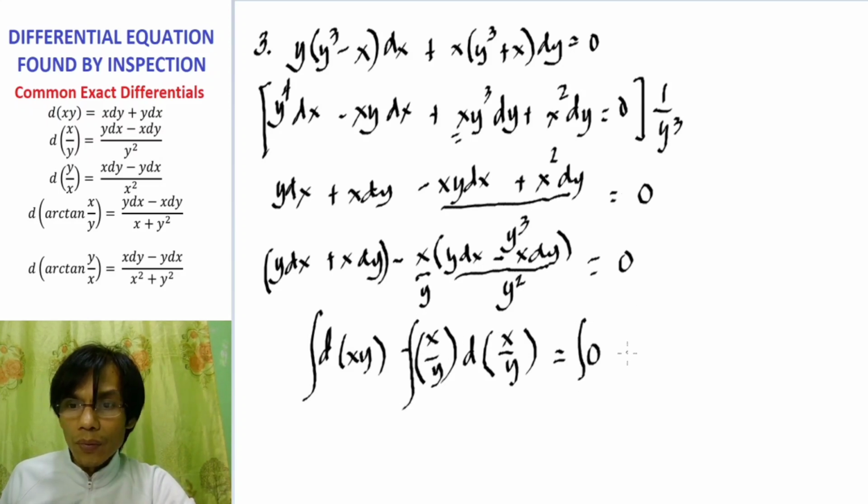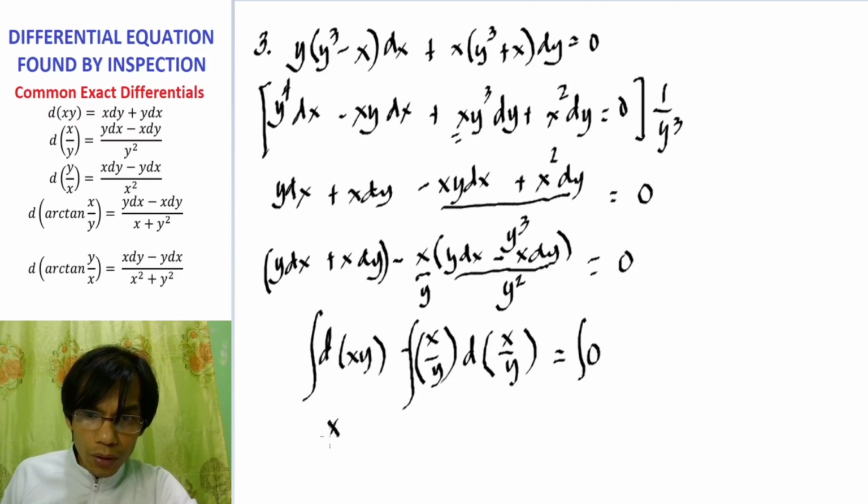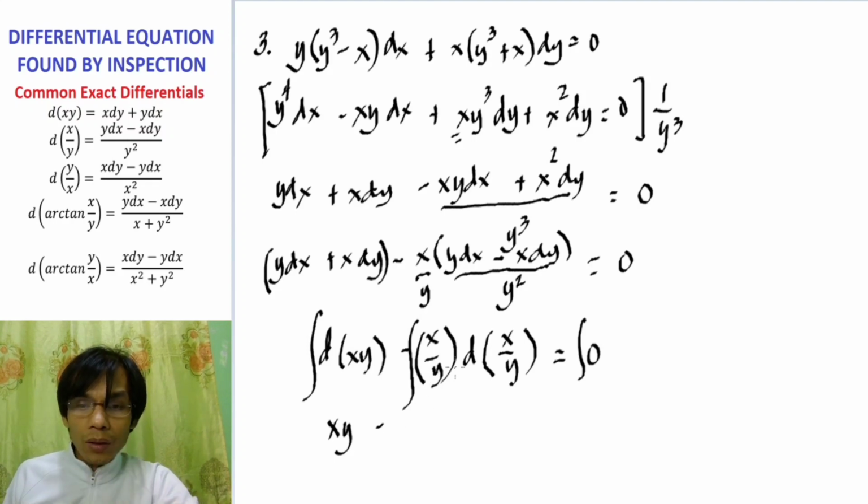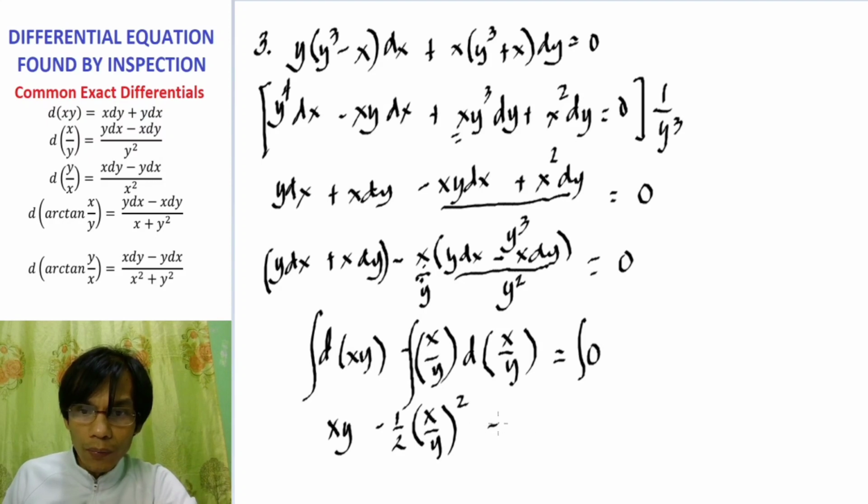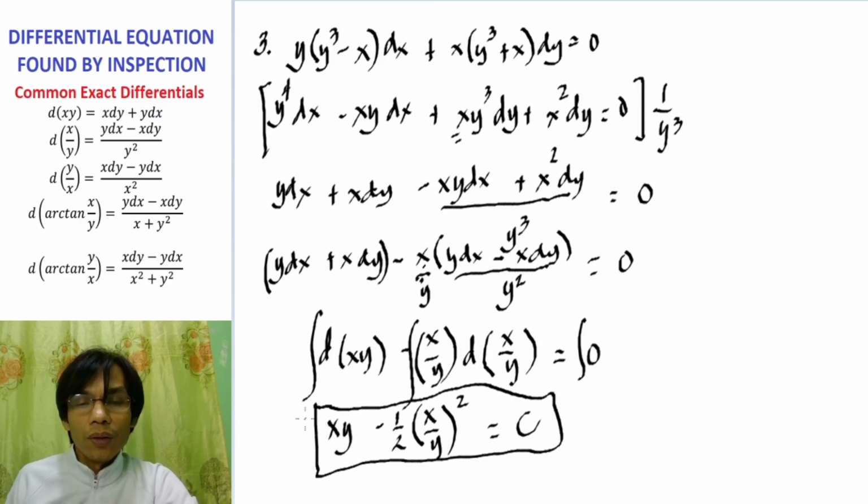We have y, minus, you notice the derivative of this one is this one. If we put this as our u, our du is this one, right? So if we integrate that one, that will be 1/2 of x over y squared, and that is equal to c. So looking at this one, this is already your answer for example number 3.